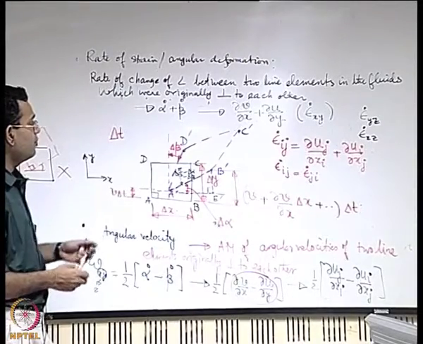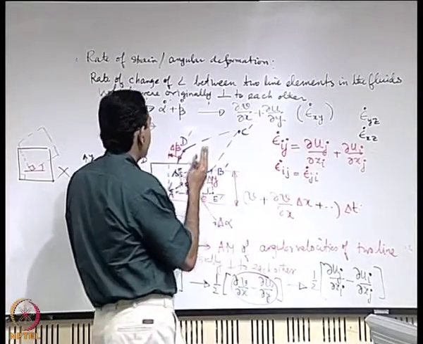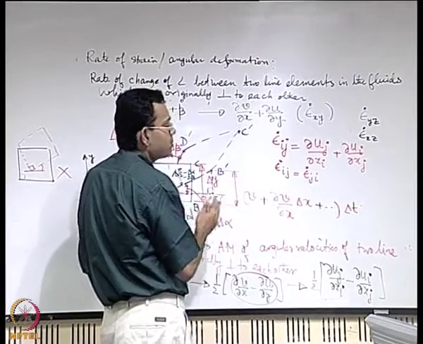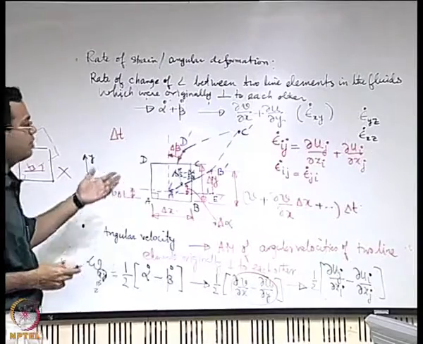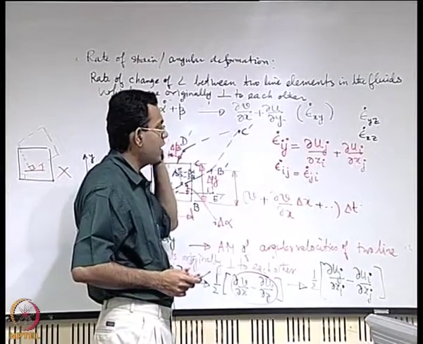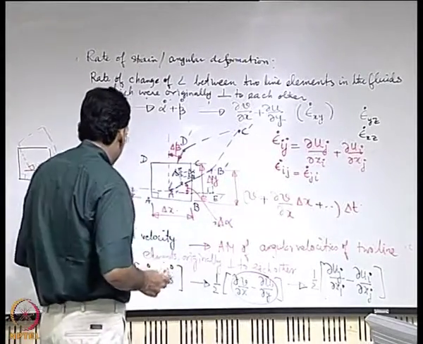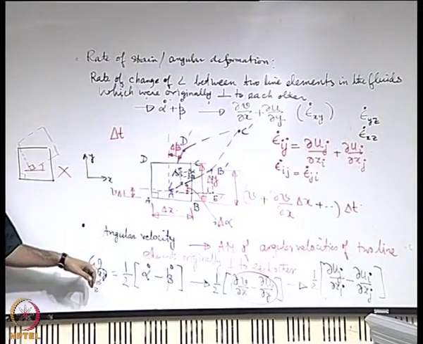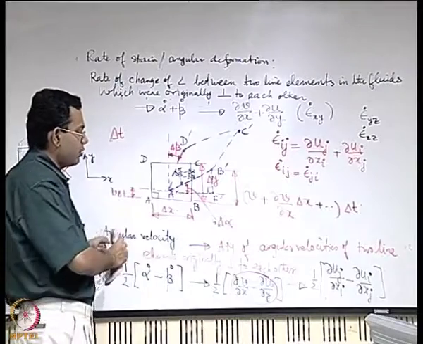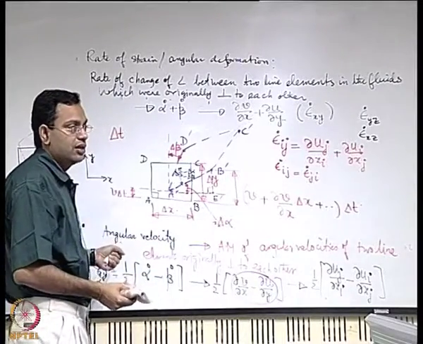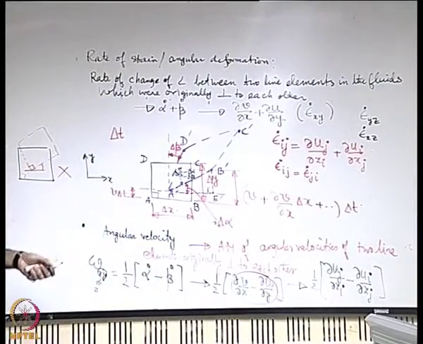Now if we see clearly, we have come up with two different types of angular motion representations. One is through this epsilon dot ij, another is the omega, the angular velocity, and it is possible to see that when they are combined with each other, what do they actually represent.